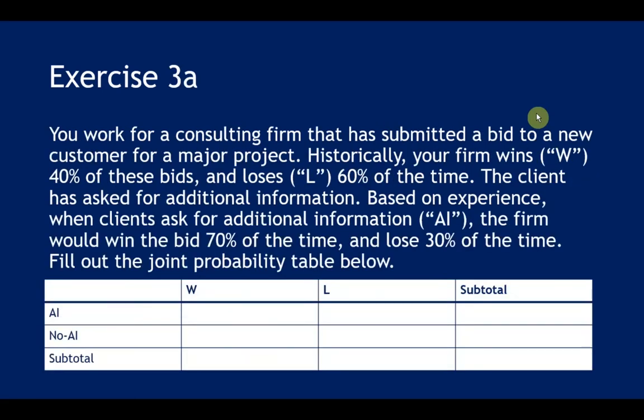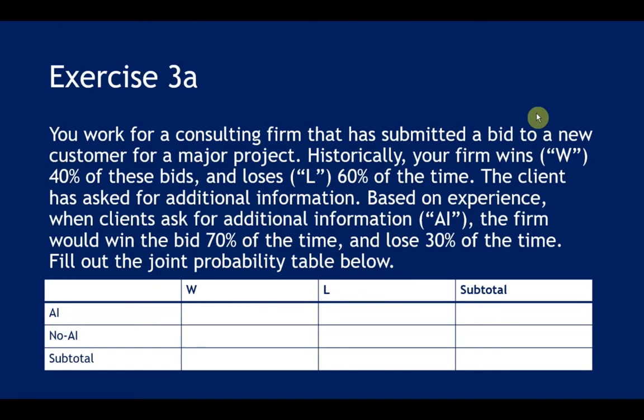The third exercise also has two parts. You work for a consulting firm that has submitted a bid to a new customer for a major project. Historically, your firm wins (W) 40% of these bids, and loses (L) 60% of the time. The client has asked for additional information.